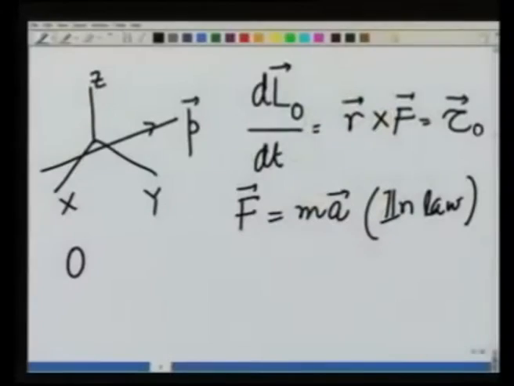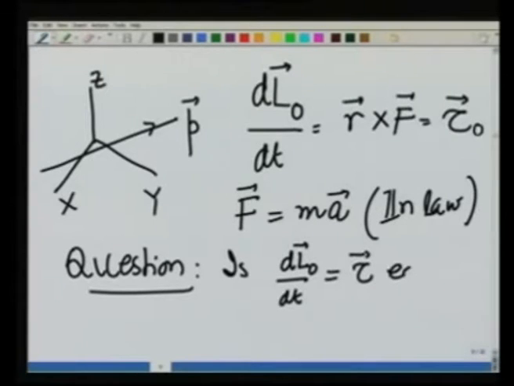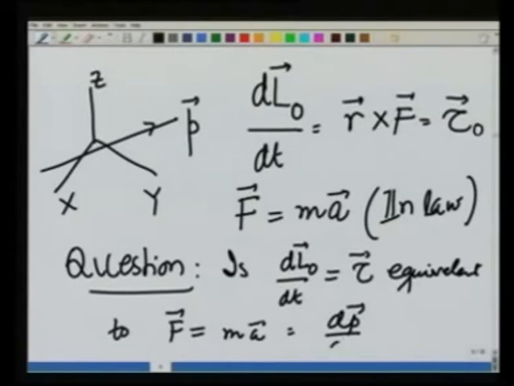So, the question we now have is, is dL/dt equals tau equivalent to F equals ma or dp/dt?